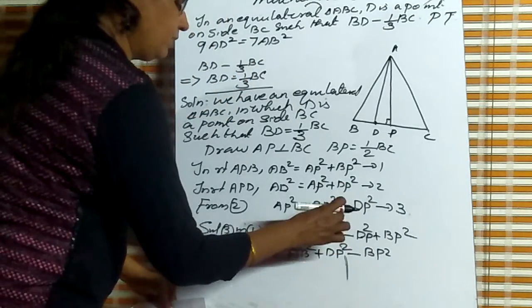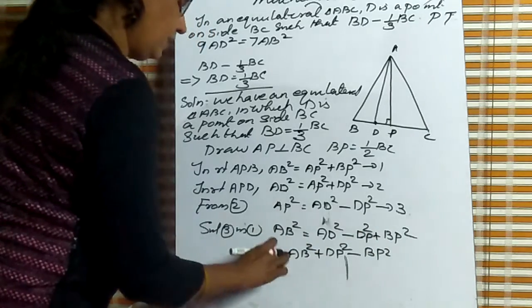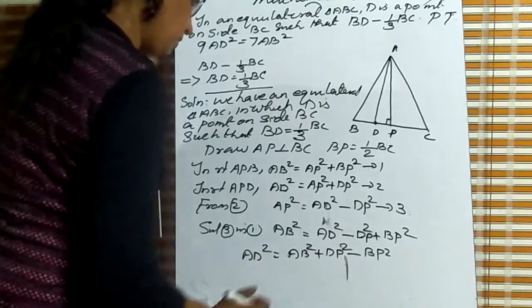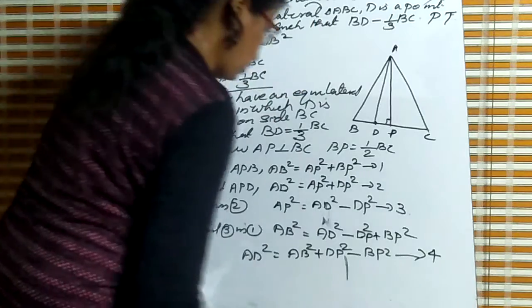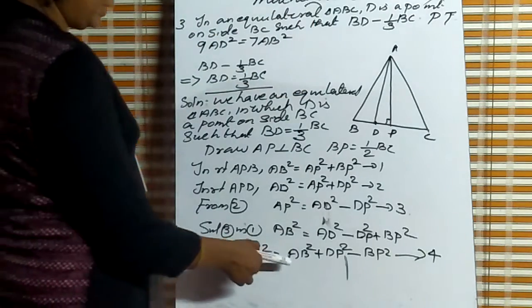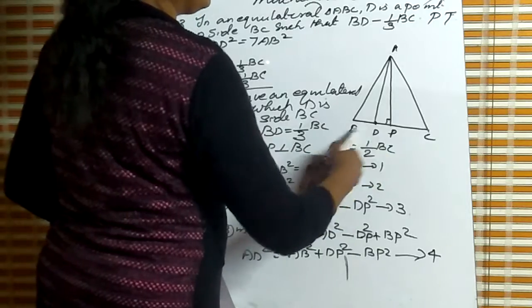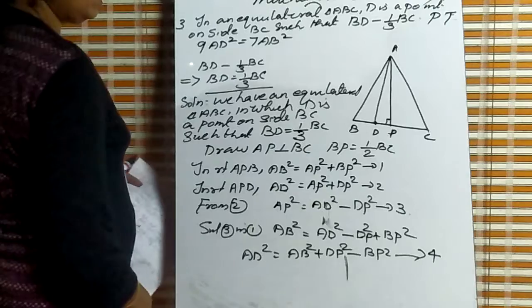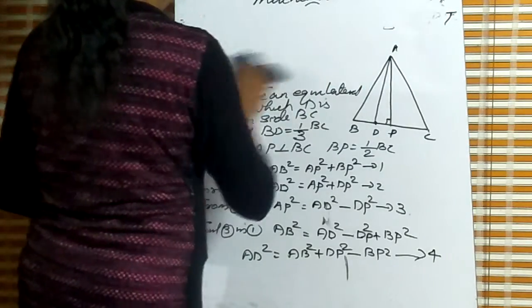AD square we put on the right side and bring this DP square: on the left side it is plus DP square and BP square on the left side it is minus BP square. This is equation 4. Now we have to find the value of DP square and BP square using the given condition.